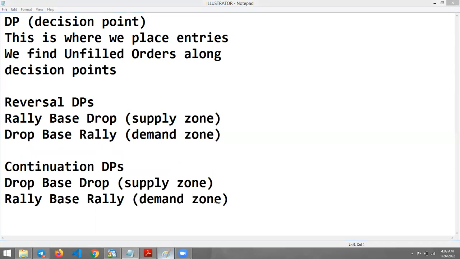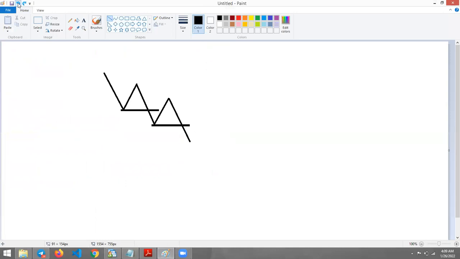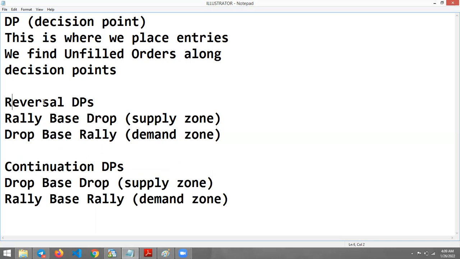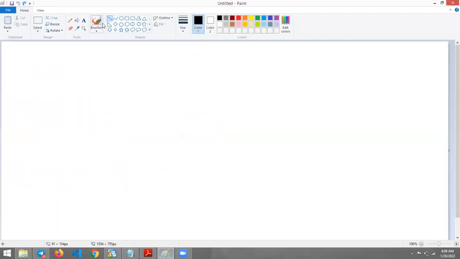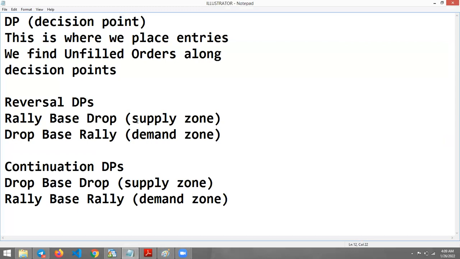I'm just going to quickly illustrate them. For the reversal decision points, we have what we call the rally, base, drop. Here price will rally, form a base, and then drop. Along this base is where we have our unfilled orders. In this case, this is what we call a supply zone.